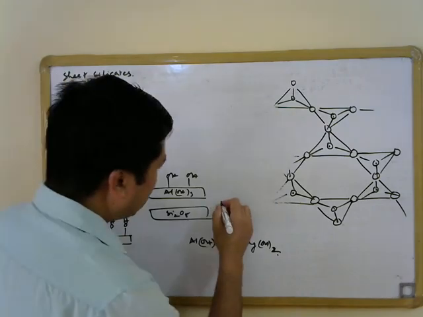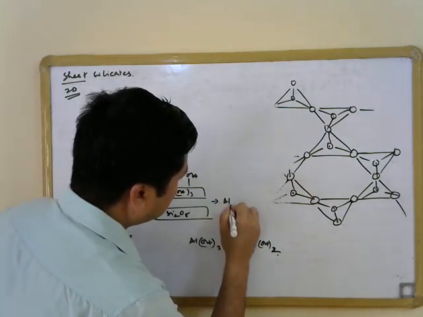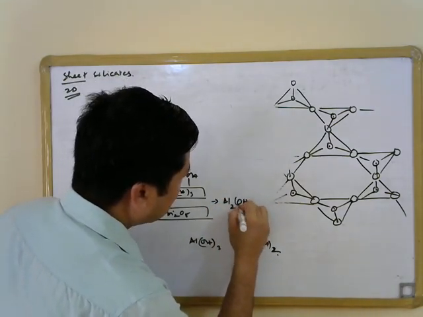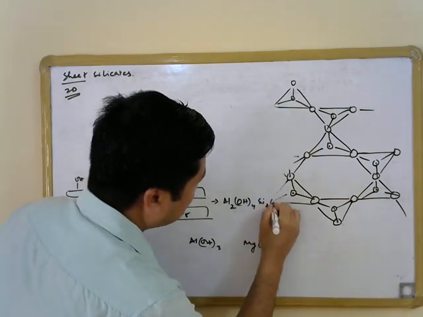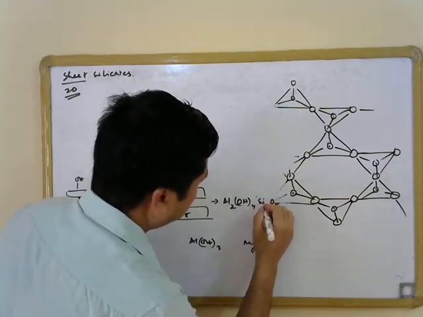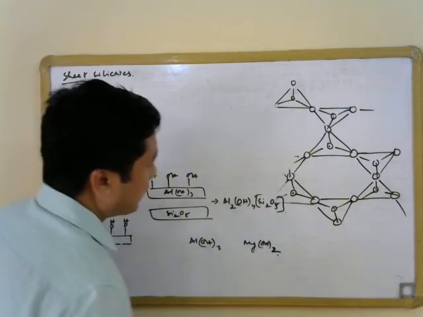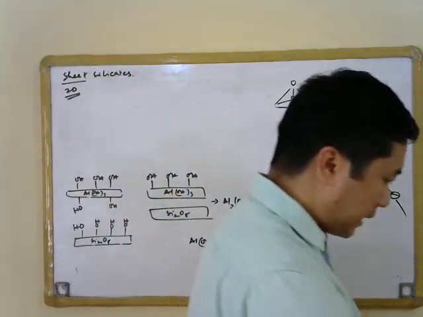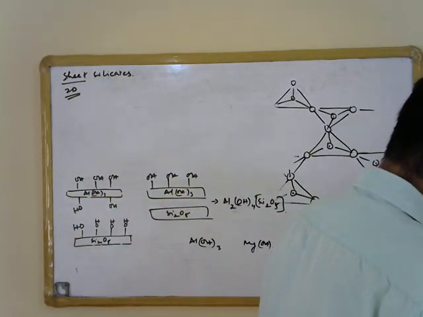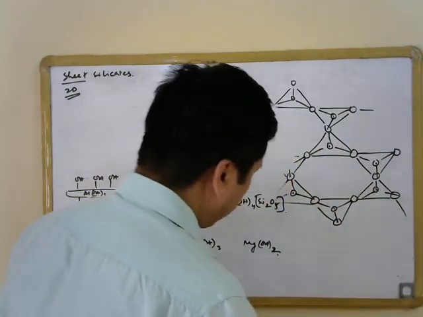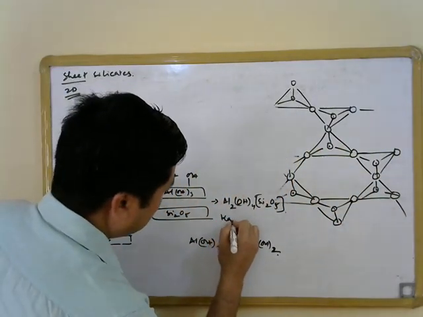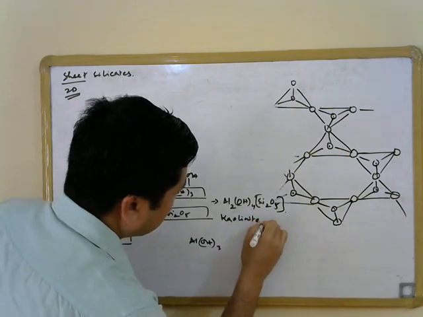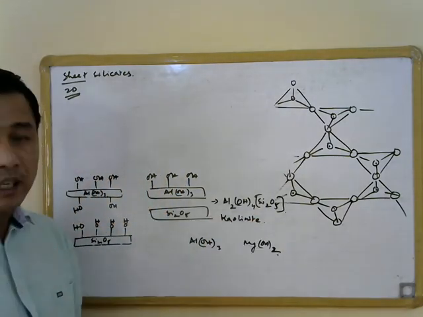So the mineral that is formed will have the composition Al2(OH)4 Si2O5. This is going to be the composition of this mineral, and this particular mineral is known as kaolinite.